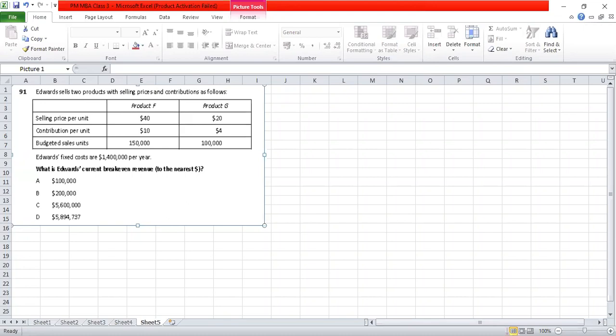Take 3 for F and 2 for G, and the rest is the same. The denominator has the weighted average contribution margin per unit, which will be 3 into 10 plus 2 into 4, divided by 3 plus 2, 5.